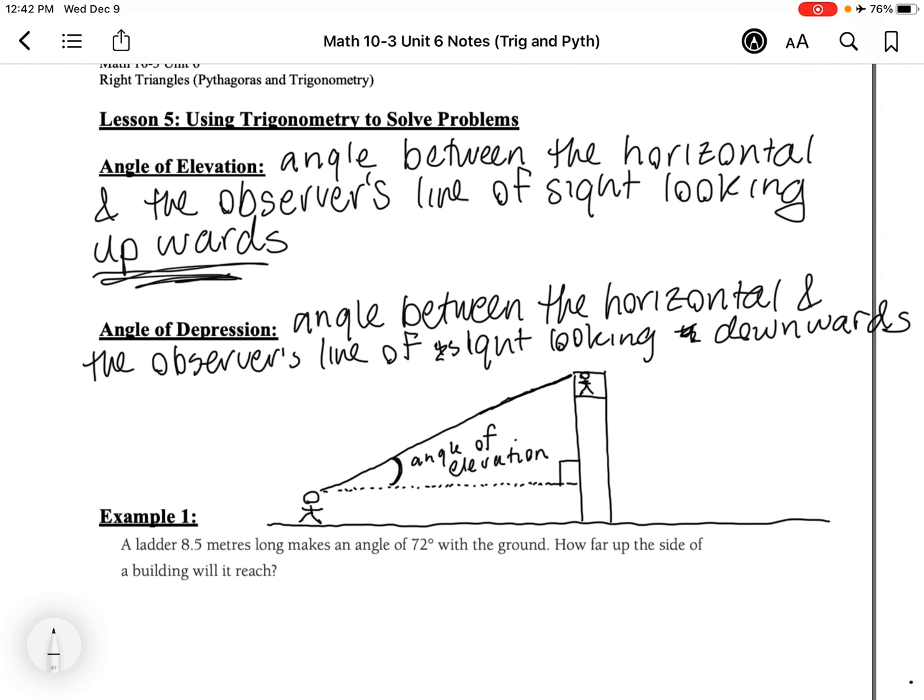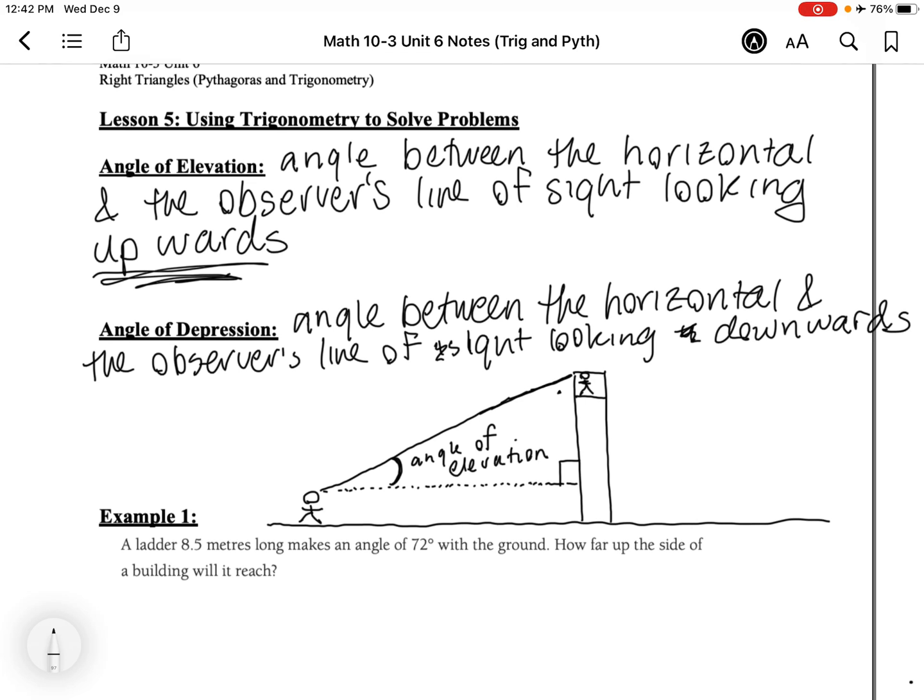Okay? Now, the angle of depression is also between the horizontal. So a lot of people think that the angle of depression is this angle here because it's part of the triangle, but it's actually not, because that's an angle between the observer's line of sight and the vertical line.